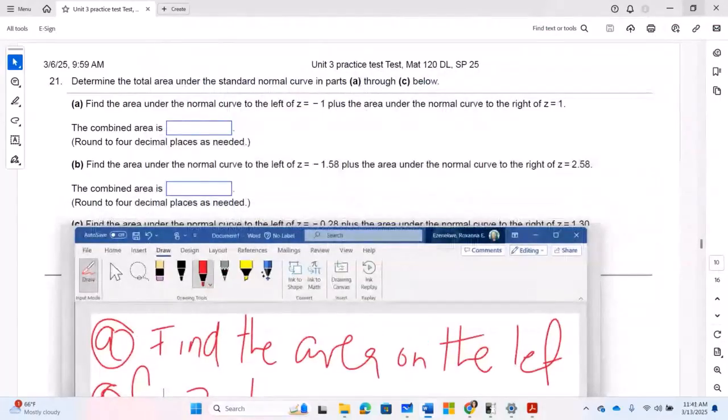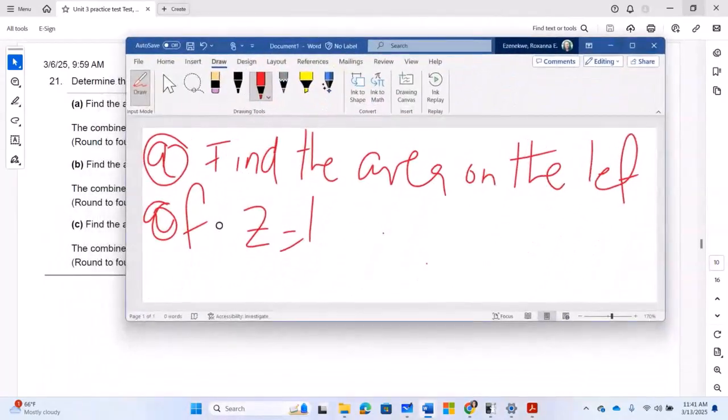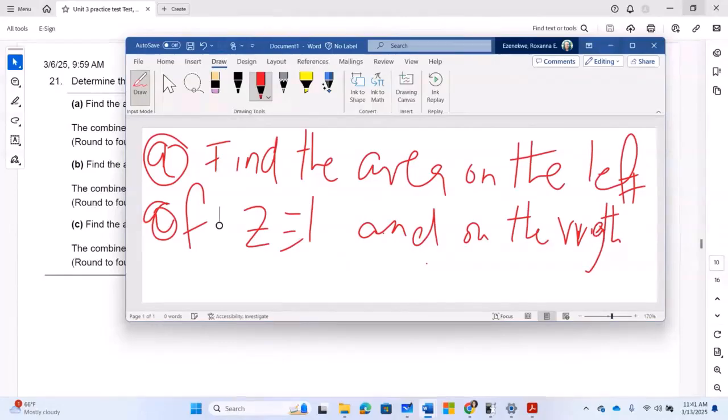Okay, the first one says on the left of z equal to -1, this is left, z equal to -1, and on the right of z equal to 1.